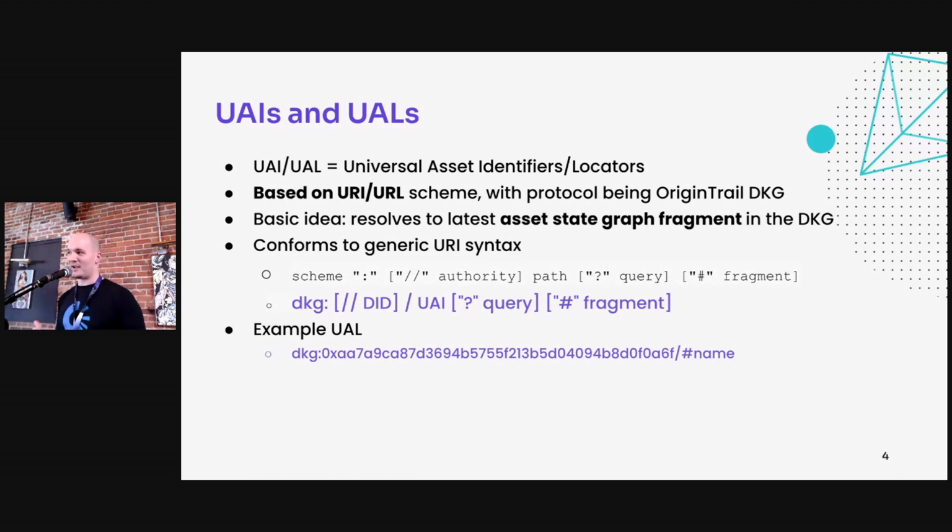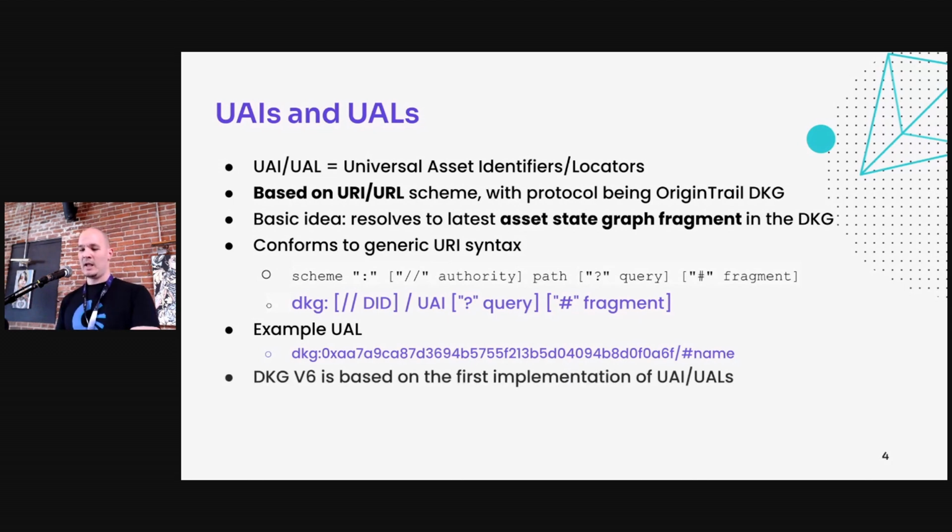It returns the proper result, what you actually asked for, and then you're able to verify that what you got hasn't been changed and has been issued by the actual authority. The version 6 of OriginTrail that I mentioned, which is being built, is the first implementation of this new concept of UAIs and UALs.